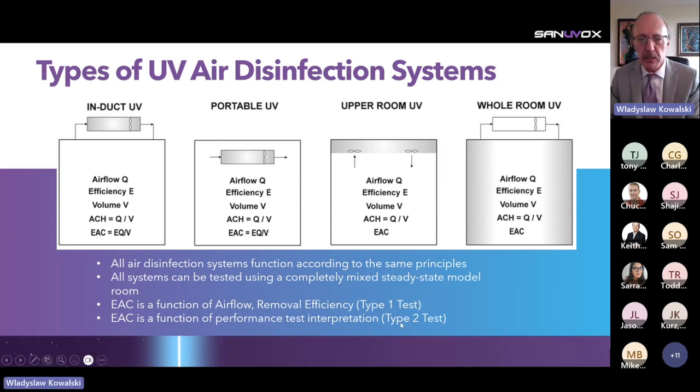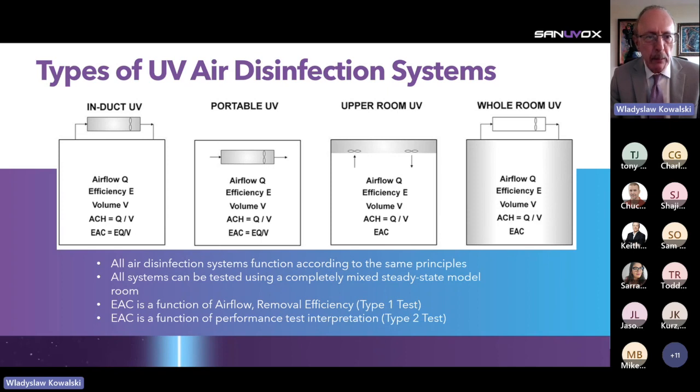And there are two types of tests, the type 1 and a type 2. The type 1 is typically used for in-duct and portables, and the type 2 test is typically used for upper rooms, can be used for whole rooms, and can also be used for portable units. And finally, we have a whole room UV system. Typically, whole room UV has been used to disinfect surfaces in rooms, but it acts simultaneously to disinfect the air.